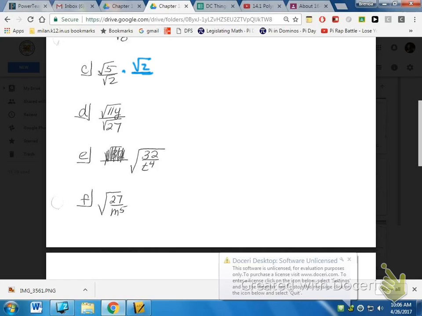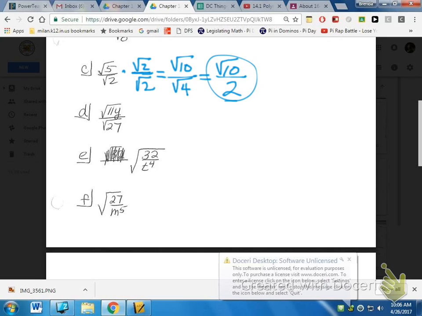Radical 2, yep. So radical 10 over radical 4. The square root of 4 is 2. Now, does radical 10 simplify in any way? 2 and 5. But are they perfect squares? Nope. So radical 10 over 2, and you're done.